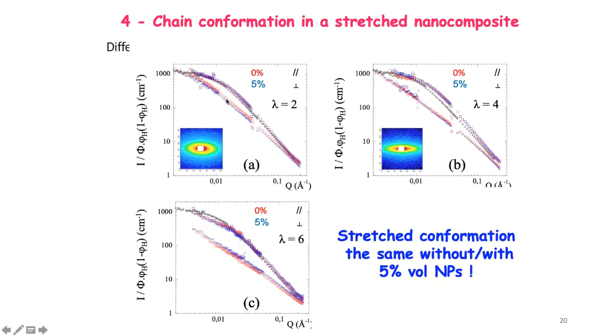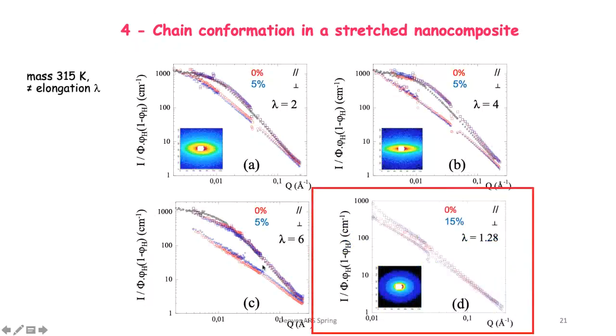And you have both the scattering along the perpendicular direction here, always on the right, because it corresponds to smaller slices, because it is shrunk, and so it corresponds to a larger Q, because Q is the inverse of the size.